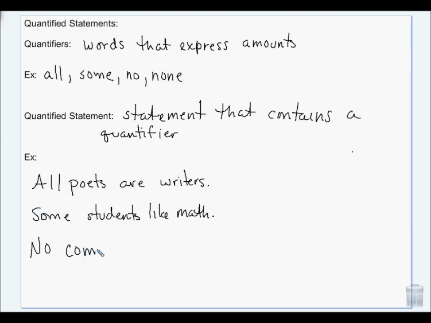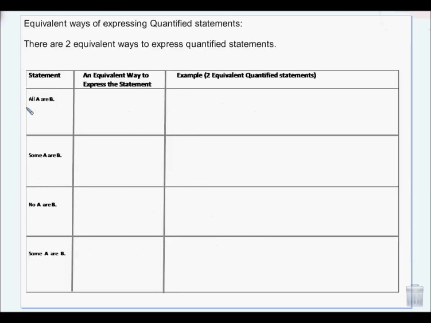No common colds are fatal. Okay, this is true. Common cold's not fatal. The flu can be. So all quantified statements have to be true. This is all A are B.